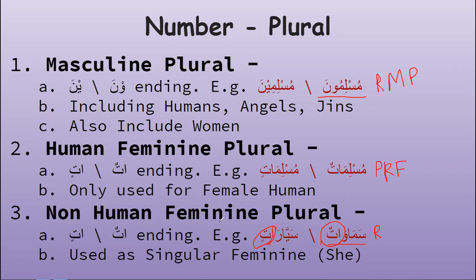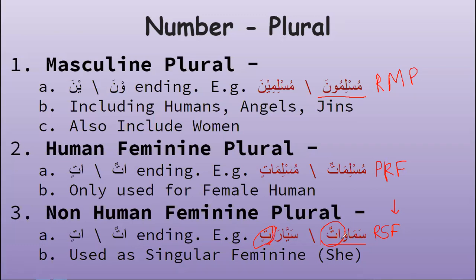They look at non-human feminine plural as lesser than human plural. That's why, grammatically, not in reality, they will think of it as singular and feminine. Always they are going to treat it as singular feminine.